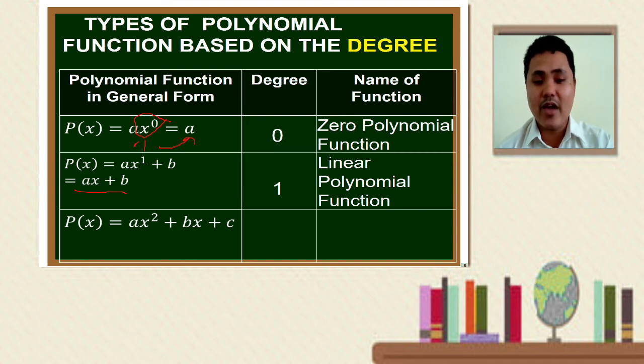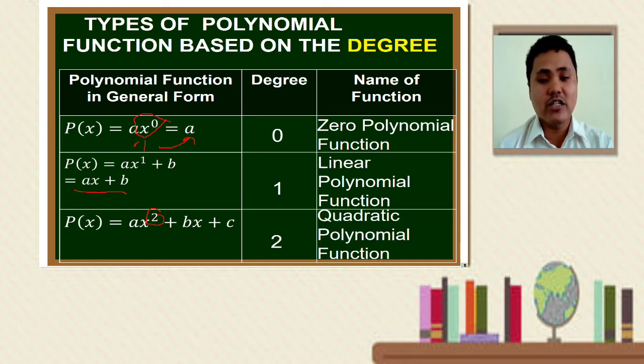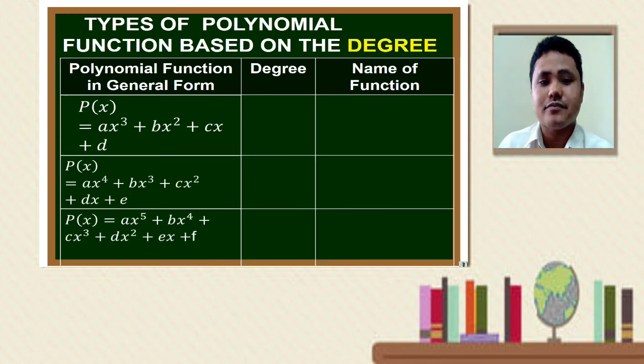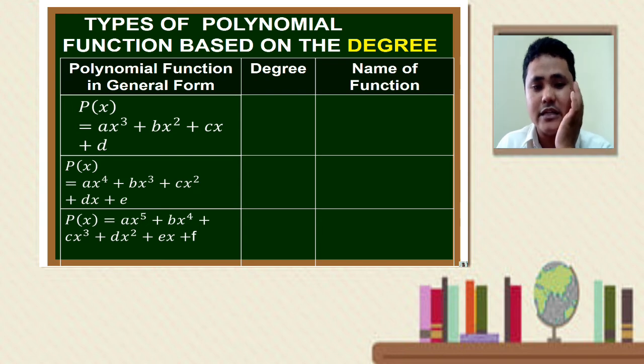So we have here p of x equals ax raised to the power of 2 plus bx plus c. So here, the degree of the polynomial function is 2. So the name of the function is quadratic polynomial function. Okay, next we have ax raised to the power of 3 plus bx squared plus cx plus d.